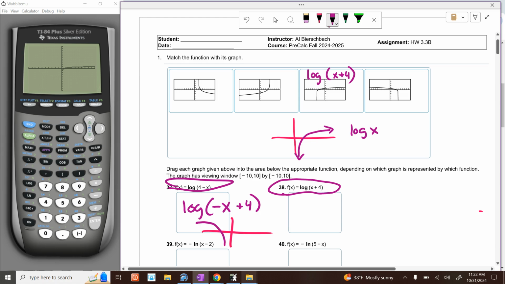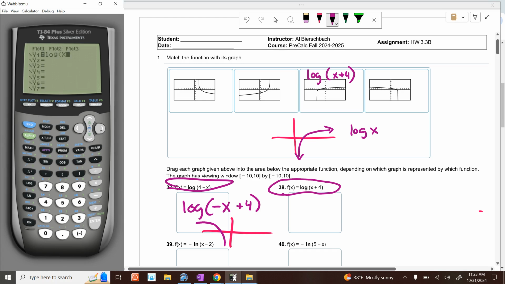And then plus 4, or does it flip it over the, okay, let's look at it. I want to look at this. I don't think it would work even if it flipped over the x-axis. Yeah, it flips over the y-axis. And then plus 4.